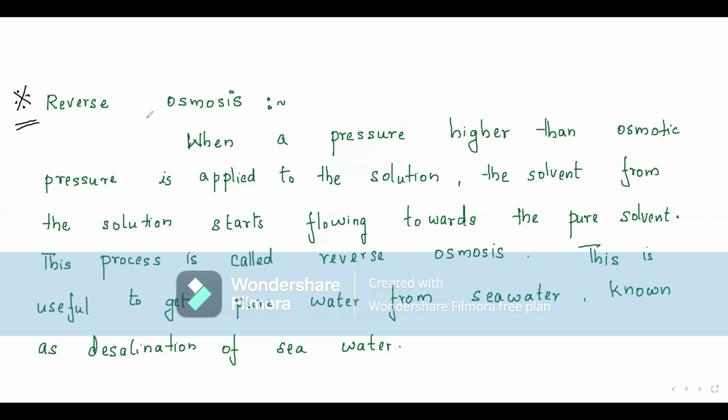And what is osmotic pressure? When you apply pressure on the walls of the semi-permeable membrane from the concentrated solution side, you can stop the process of osmosis. So the pressure which is applied is called osmotic pressure.